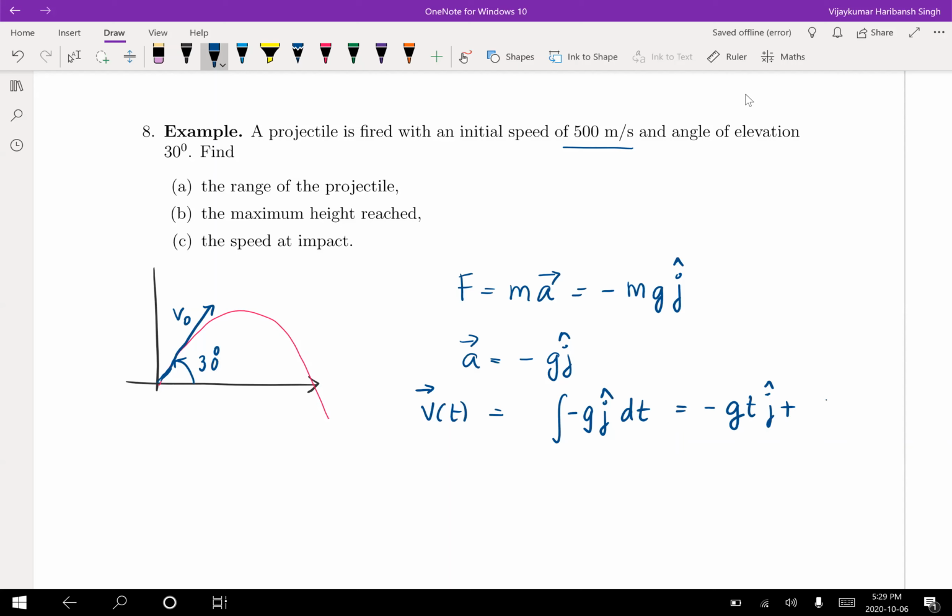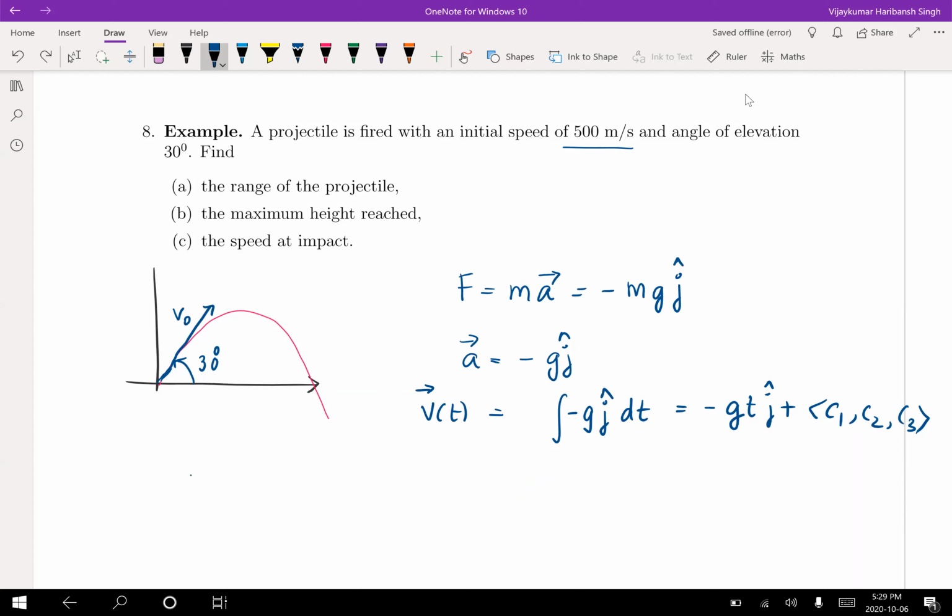This constant will be the constant of integration in vector form. So we get this guy C. Now we need to equate it with V0.